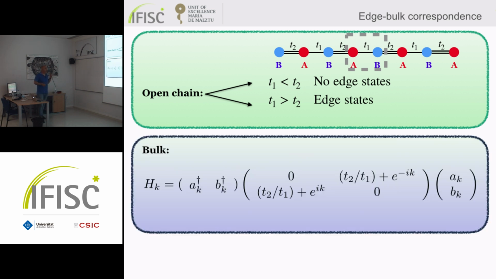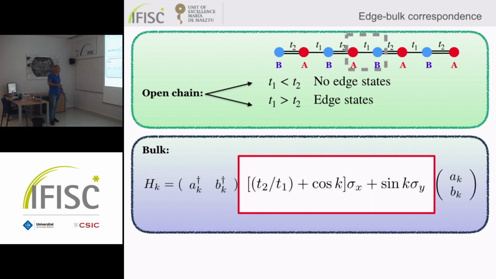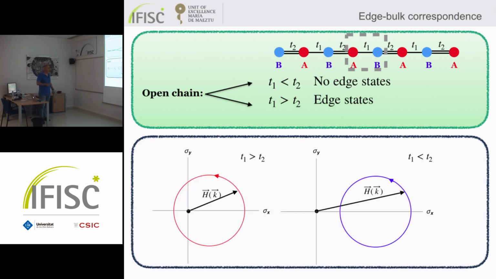If you go back to the k Hamiltonian, if you remember the formula I wrote before, and if I introduce the Pauli matrices sigma x and sigma y, I can rewrite this 2 by 2 Hamiltonian as a sum of a part parallel to sigma x and another part parallel to sigma y. If I plot this line in a plane where sigma x is the x-axis and sigma y is the y-axis, I get something like this.